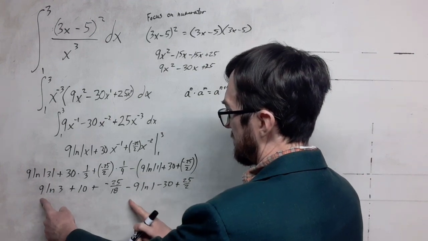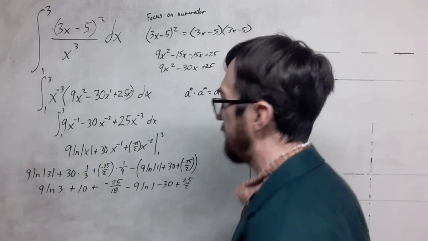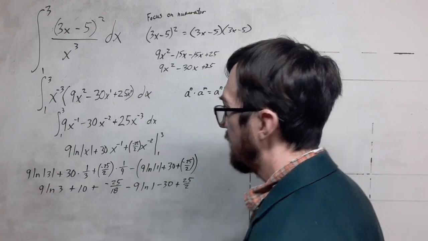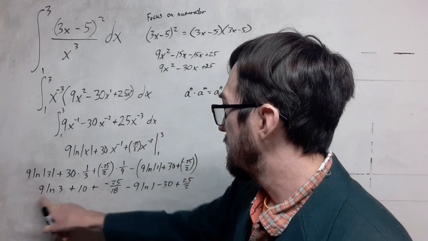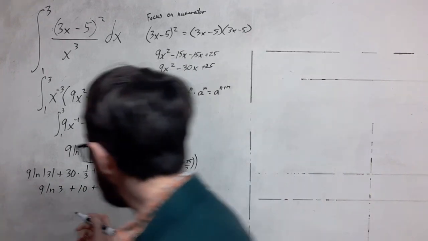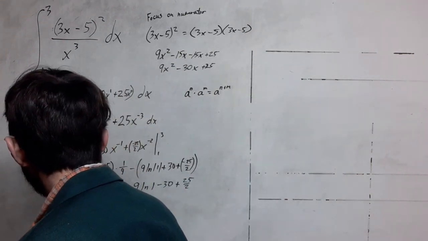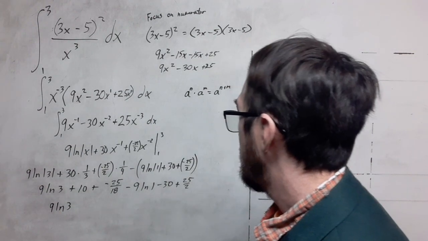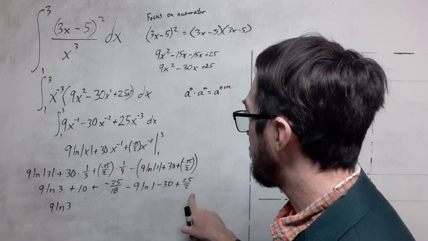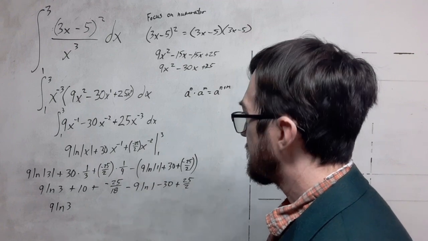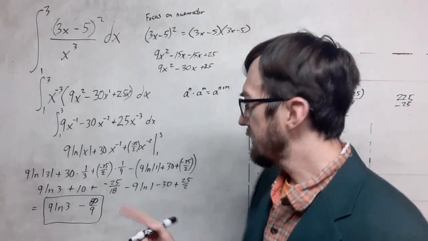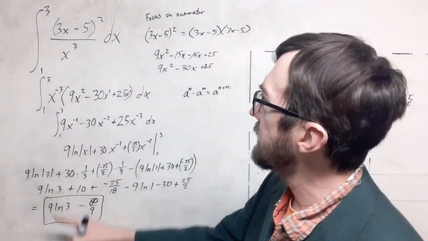The 9 is a scalar that would have been factored out, so it's going to be 9 times the log of 3 divided by 1, which is just 9 log 3. And then these 4 numbers here, we are just going to get the sum of. This leaves us with our final answer.